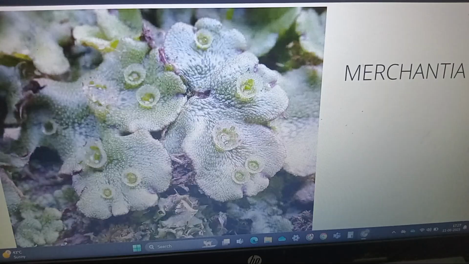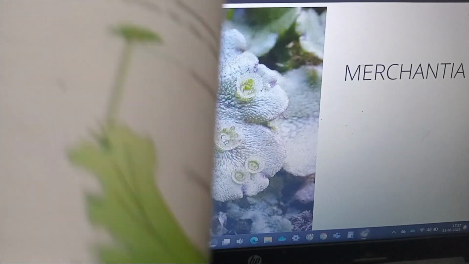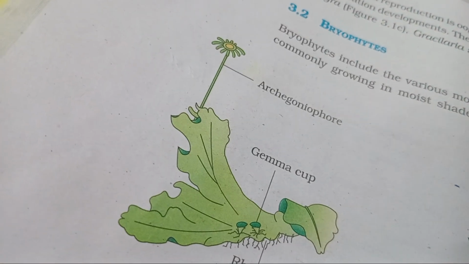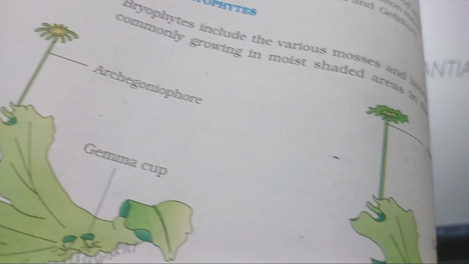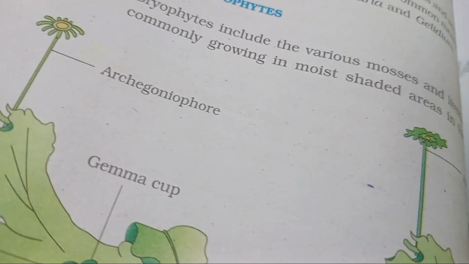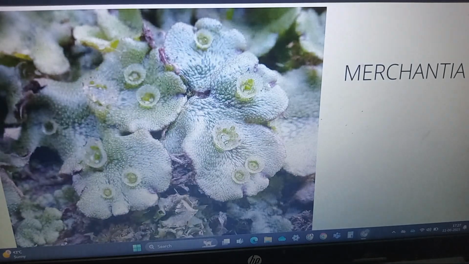As you see in your NCERT books, the antheridiophore and archegoniophore are produced on two different thalli. From the archegoniophore there will be development of the archegonia, which is the flask-shaped structure, and on the antheridiophore, the male gametes, antheridia, will be produced.